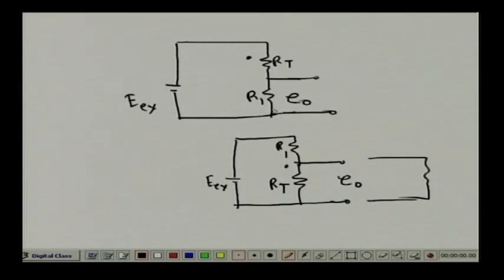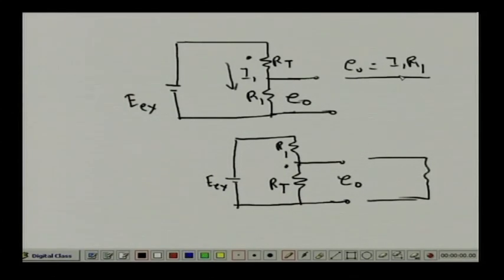So, obviously, the output voltage will also increase, because suppose the current is I1. I will take E naught equal to I1 times R1. If the resistance falls, obviously I1 will increase, so the value of the voltage will increase.